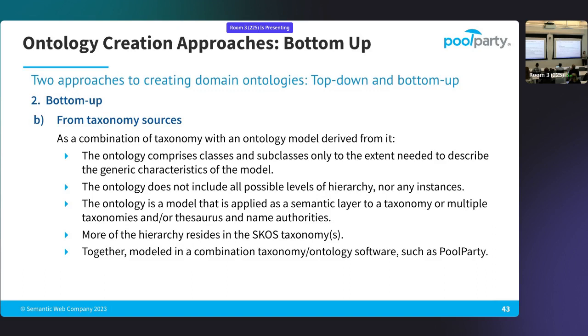Those reside in the SKOS concept schemes. And the ontology is a model that is applied as a semantic layer to the taxonomy or multiple taxonomies. I mean, we still don't know what is one taxonomy or not. That's why I'm saying maybe it makes sense as multiple concept schemes. And then more of the hierarchy actually resides in the SKOS taxonomy or taxonomies.